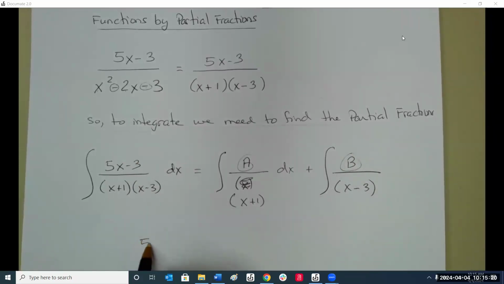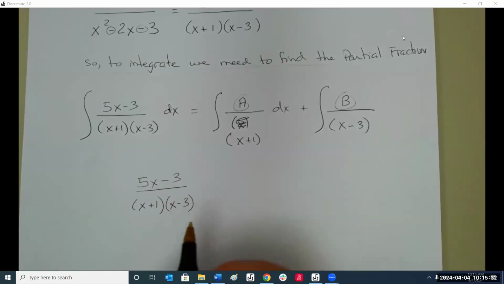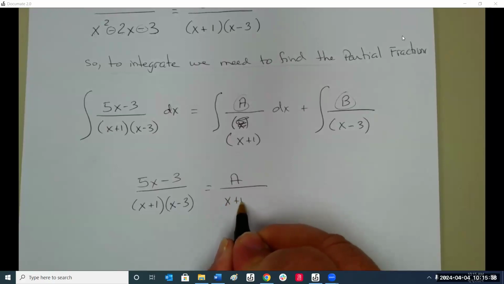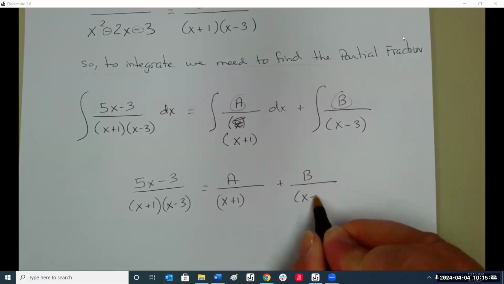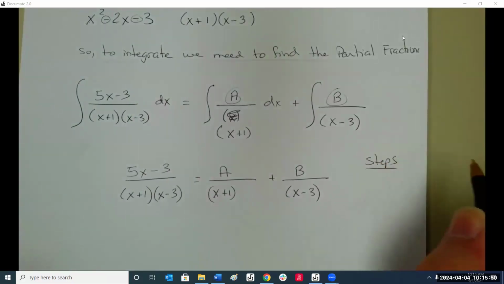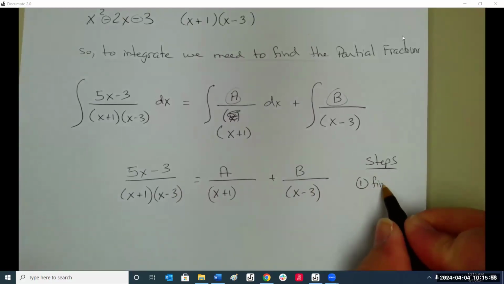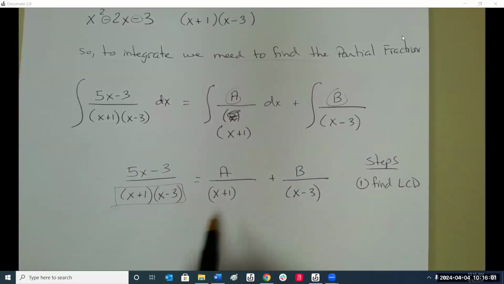The way we do this is we're going to have to use matrices. In order for these to be equal, here are your steps. Since we have fractions and an equal sign, find the LCD. The LCD is always this term because that's where these came from.